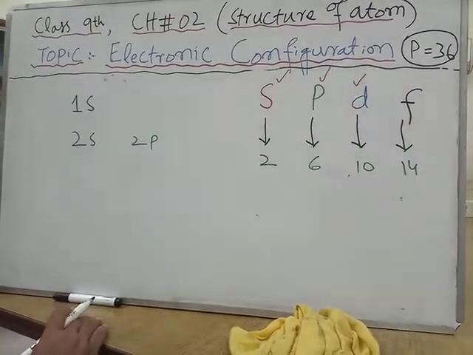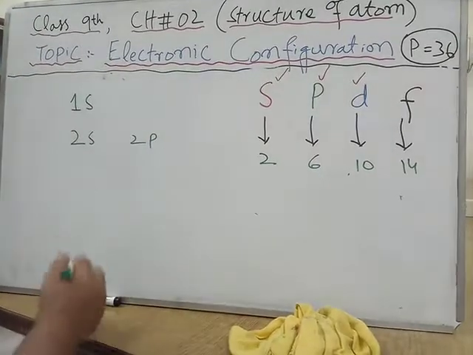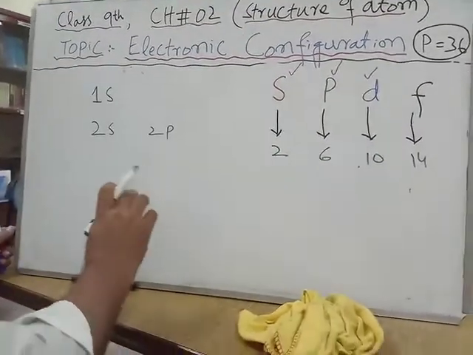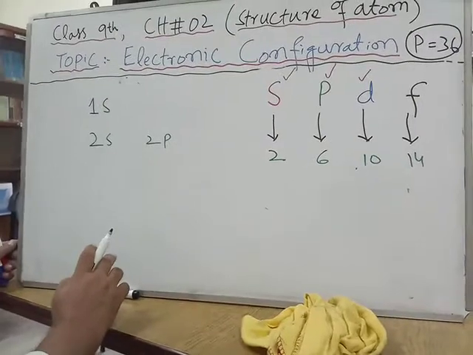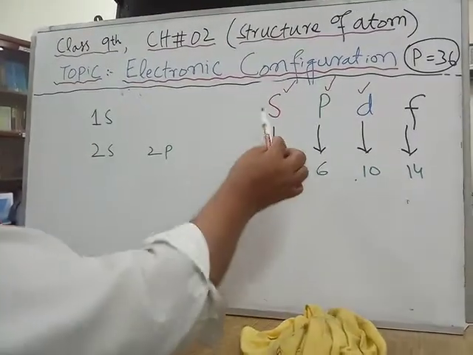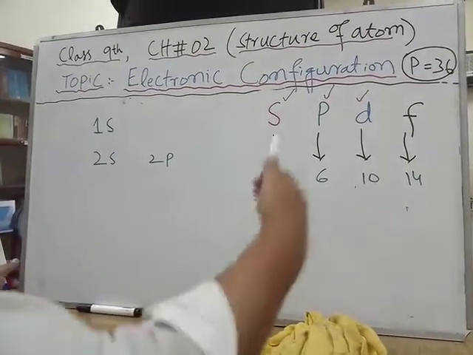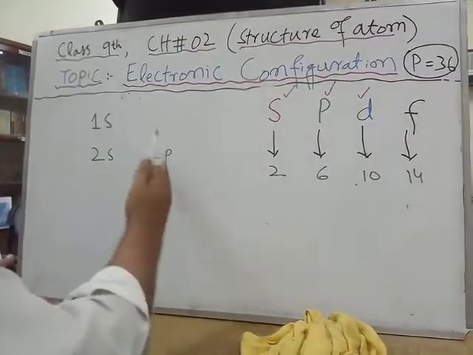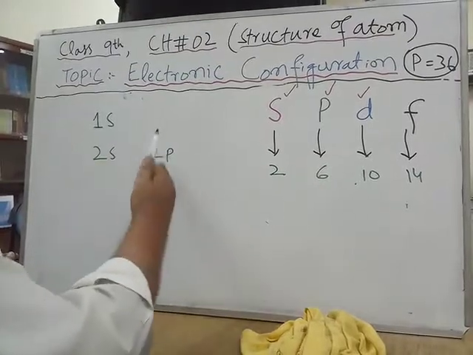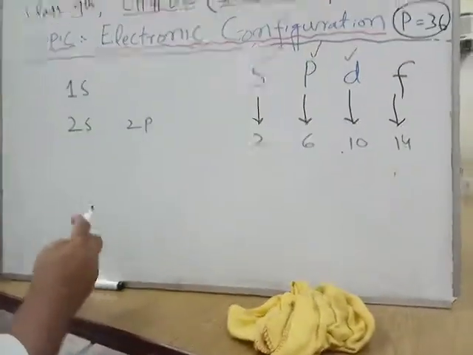Similarly, what about the third shell? The third shell can accommodate a maximum of 18 electrons. So for 18 electrons we shall use S, P and D. Move ahead stepwise, increasing one subshell at a time.